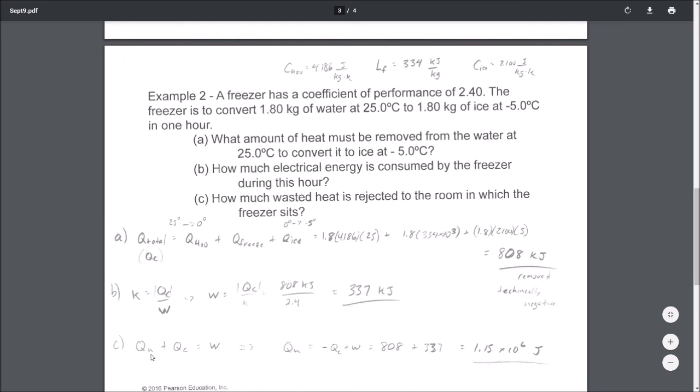We base this on our statement of the relationship between the hot and cold reservoirs and work: QH plus QC equals W. We'll work out the QH here, and we are adding these things up. It's a minus QC, but remember this is technically negative, and so that's how many joules of heat is wasted.